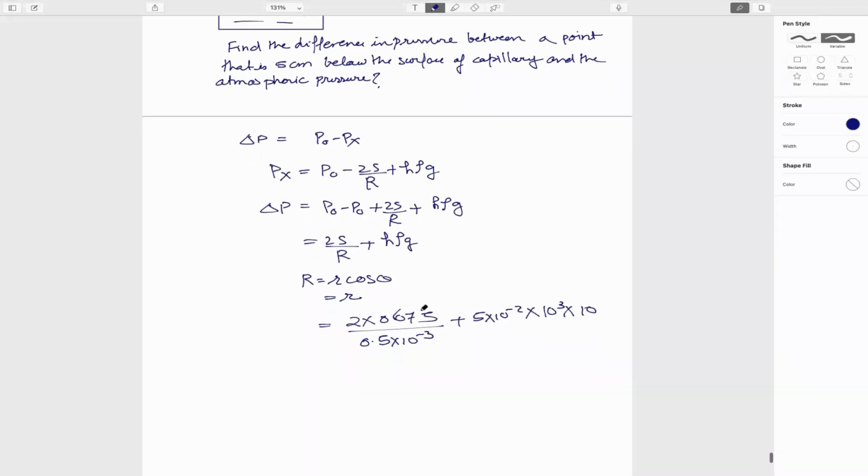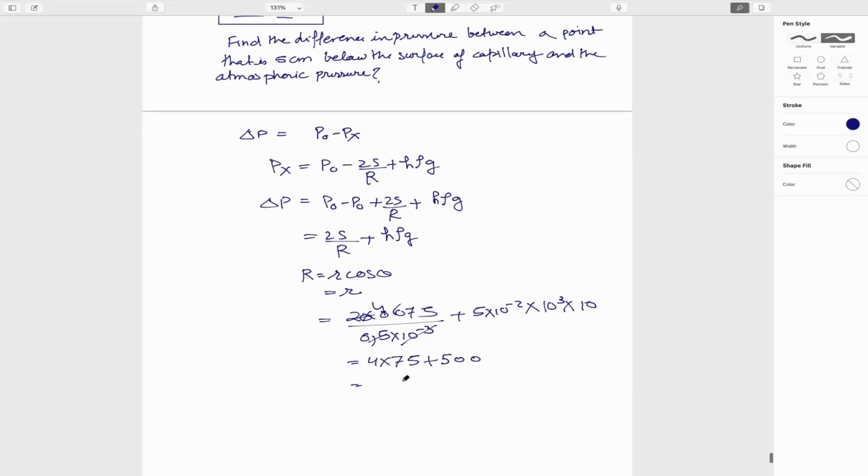So this 1000 will cancel, and it becomes 4 into 75 plus 500, so that comes out to be 800 Newton per meter square.